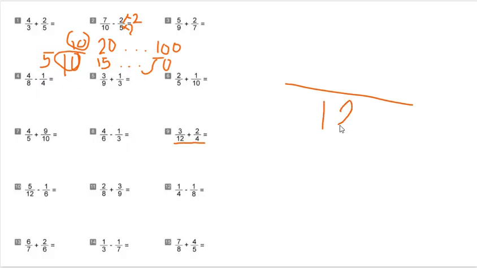Because with 4, you start asking yourself, how many times must I multiply from 4 to reach 12? That will be times 3. On top it just stays the same, so it's 3 plus, and 2 times 3 gives us 6.